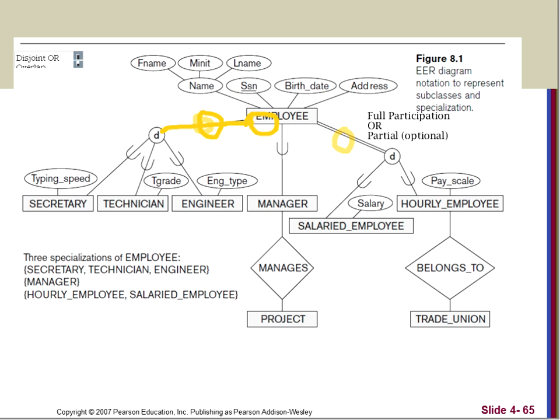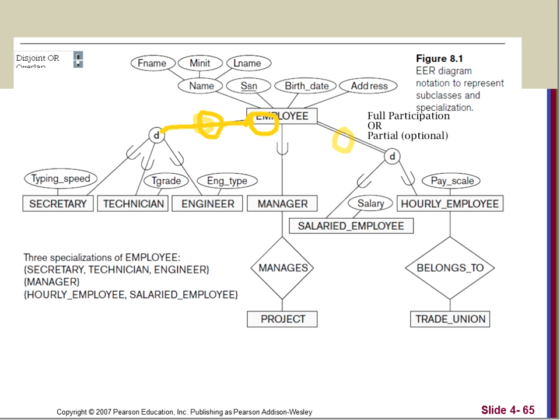So there are 4 types of super and subclasses: full participation and disjoint, full and overlap, partial and disjoint, partial and overlap. So you need to decide full or partial. Also you need to decide disjoint or overlap. That is the super and subclasses.